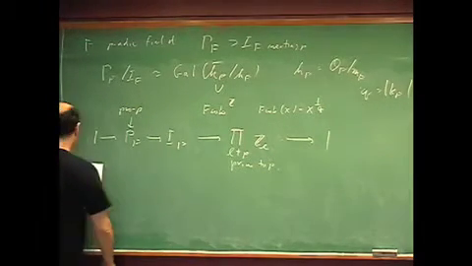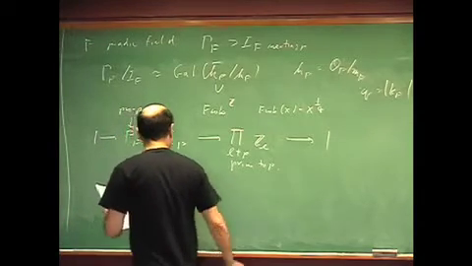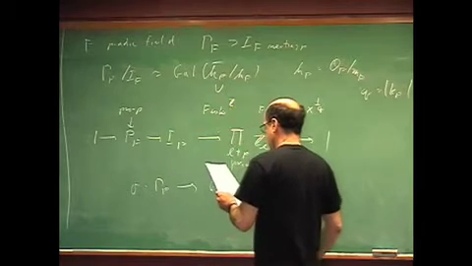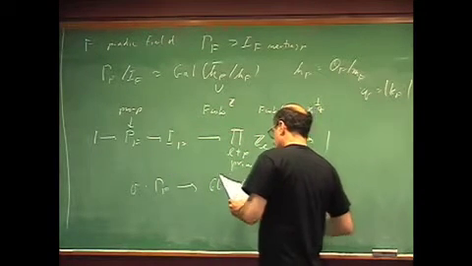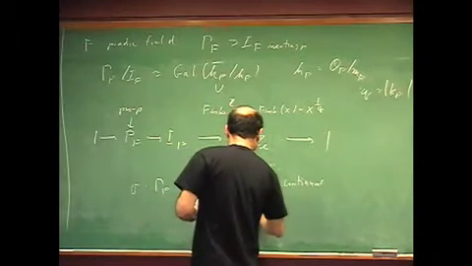Now, if we have a continuous map sigma to GL_n(C), then the image of sigma is solvable.